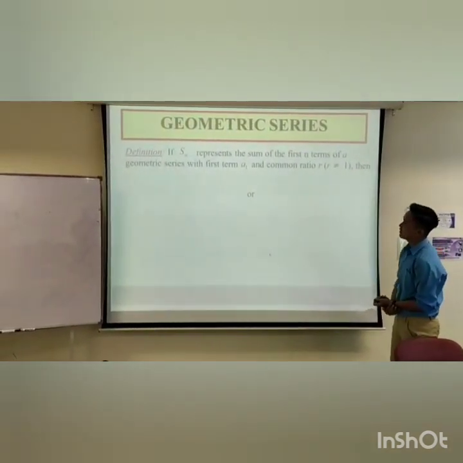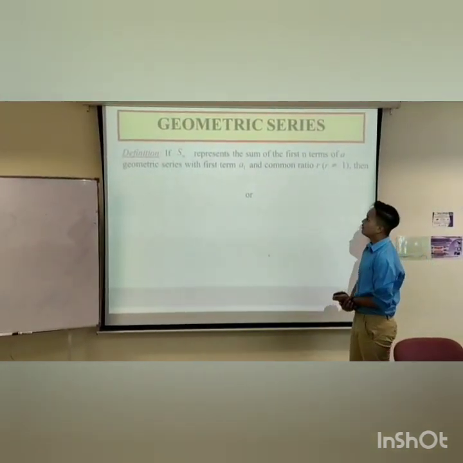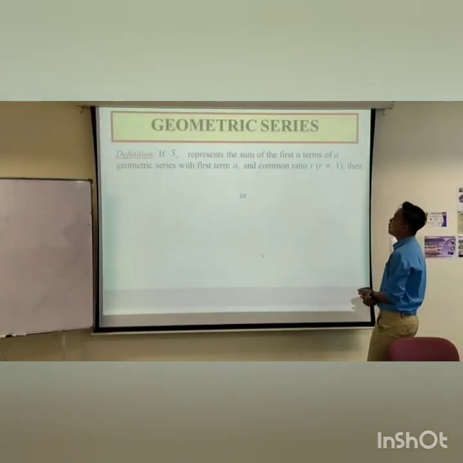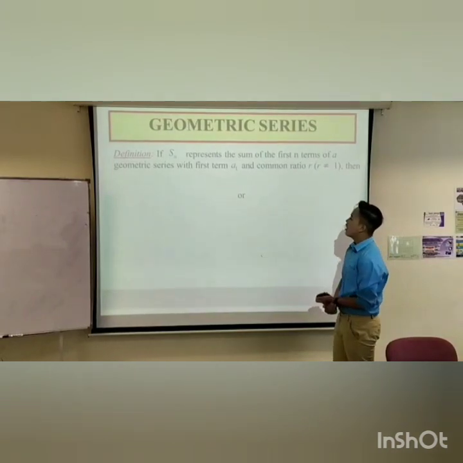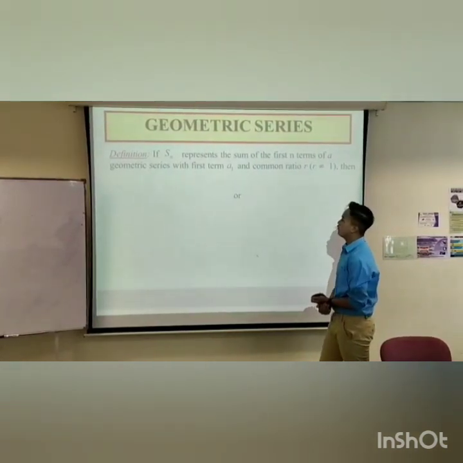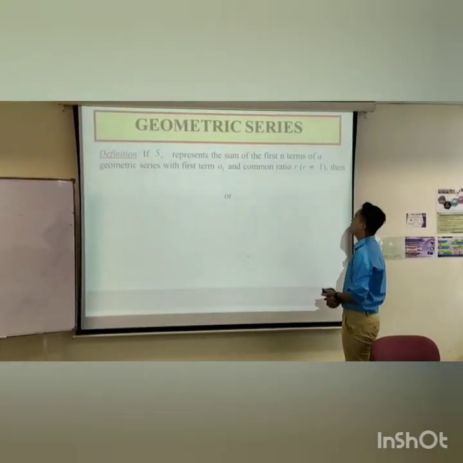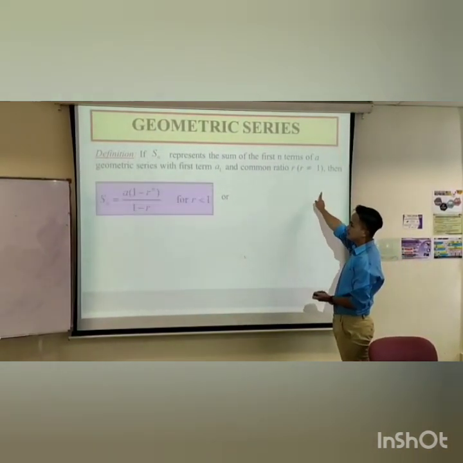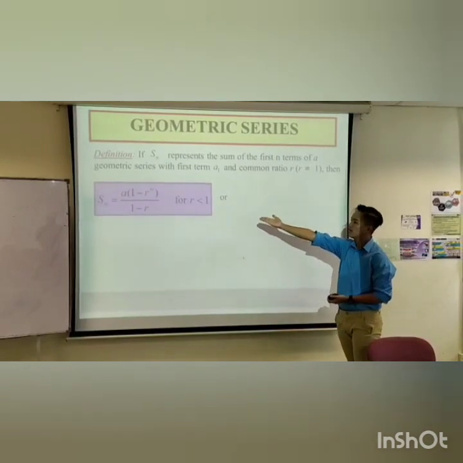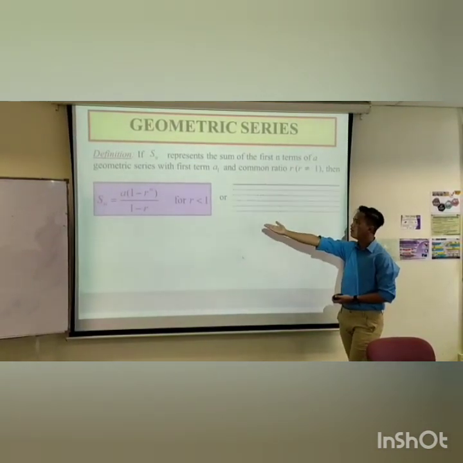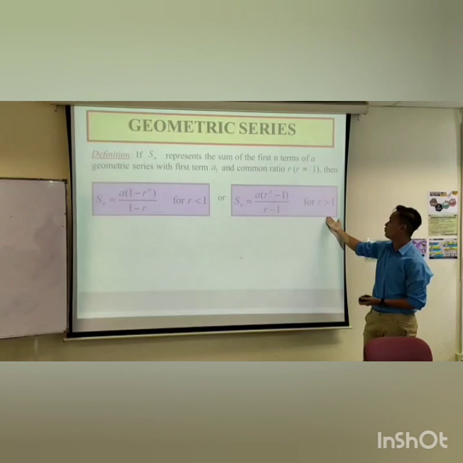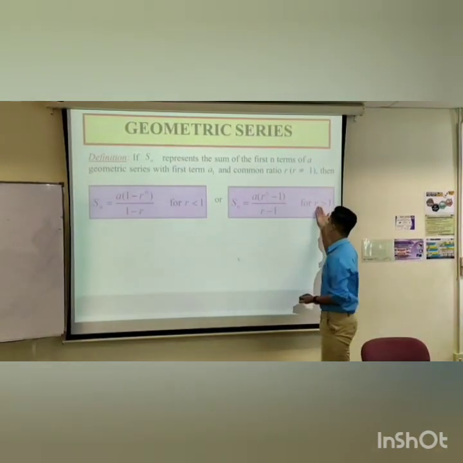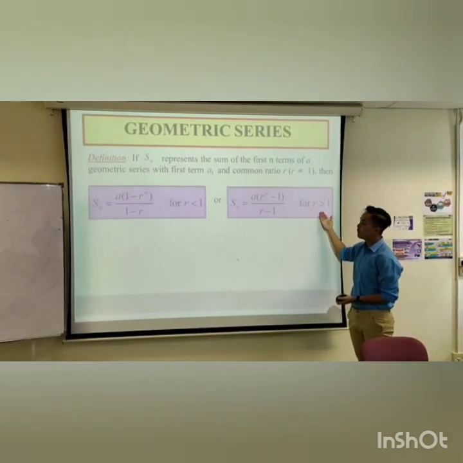Geometric series. Definition: if Sn represents the sum of the first n terms of a geometric series with first term A1 and common ratio R, where R cannot be 1, then that is the first formula, and also the second formula for R less than 1 and R bigger than 1.